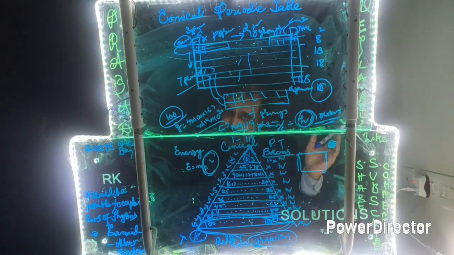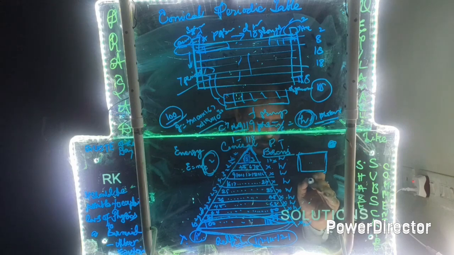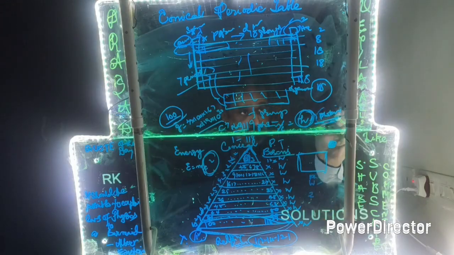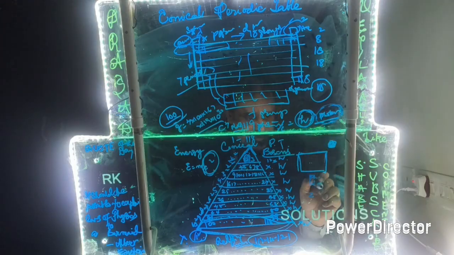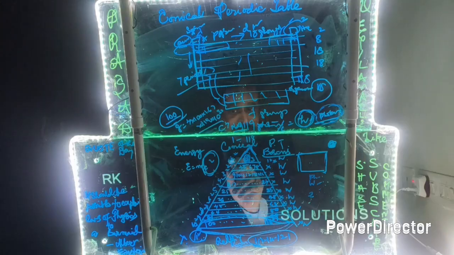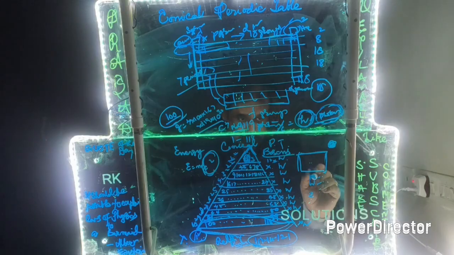Let us not bother about the types of bosons here. Types of bosons, I mean, by name, W boson, Z boson, the photon. Photon, of course, this is the photon. And these bosons are comprised of this many photons. That's my theory.